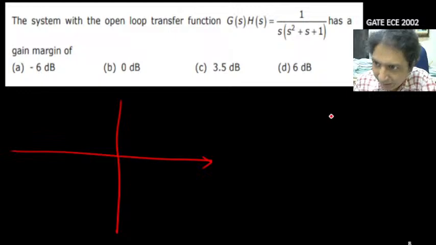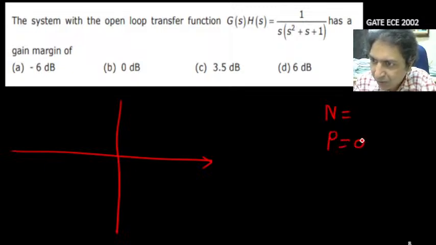Suppose N equals something, but P is given 0, meaning there is no open loop pole on the right hand side, so P equals 0, it is stable. Open loop is stable. Now under closed loop, whether it will be stable or not, that we need to decide.